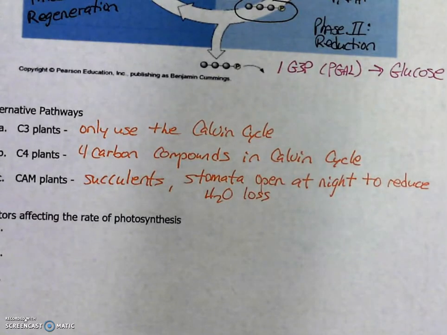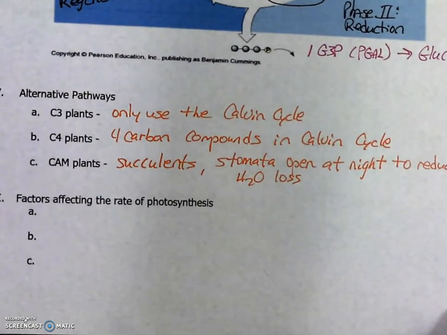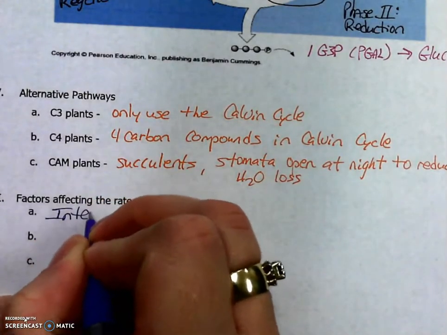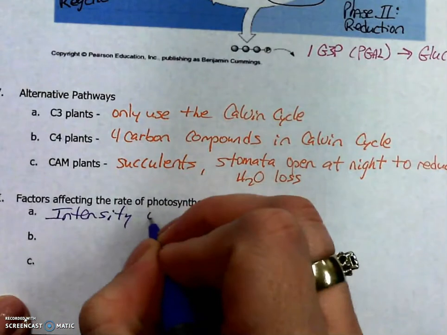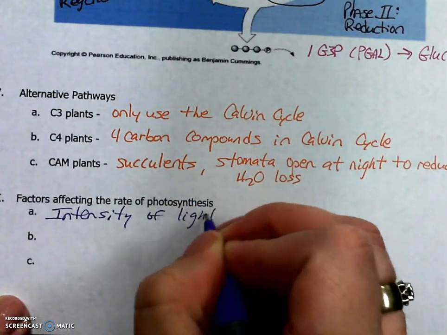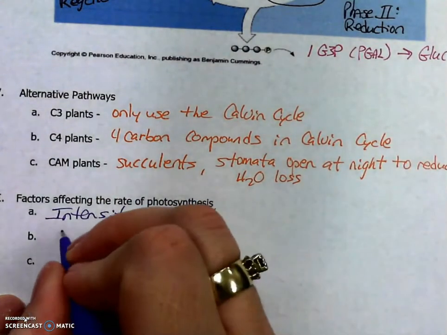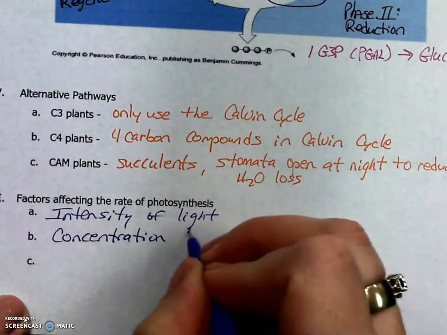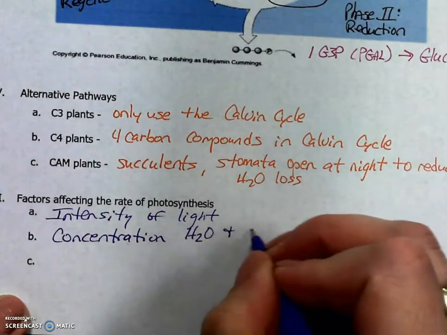Then we have factors affecting the rate of photosynthesis. The rate, how quickly, how slowly photosynthesis may occur. Those factors are the intensity of light, concentration, amount of water, and carbon dioxide.